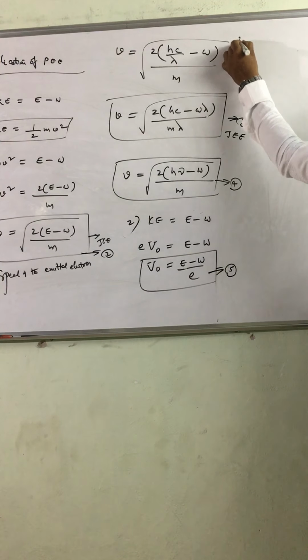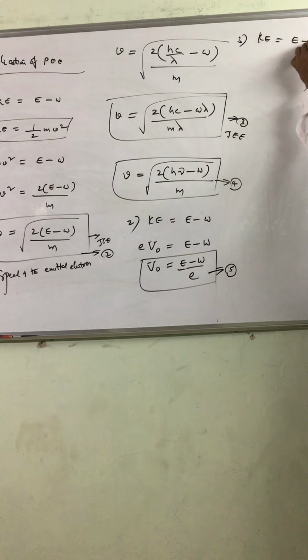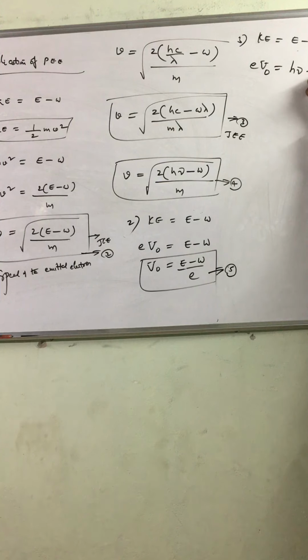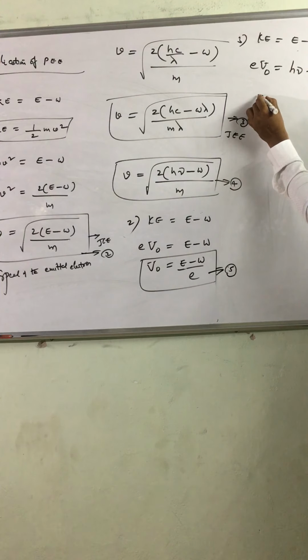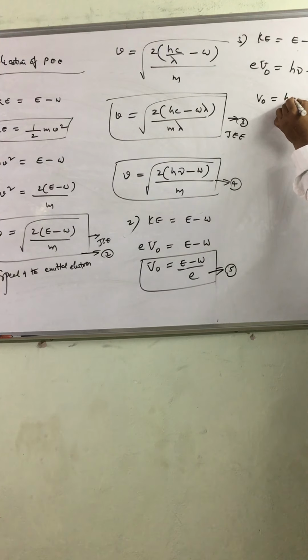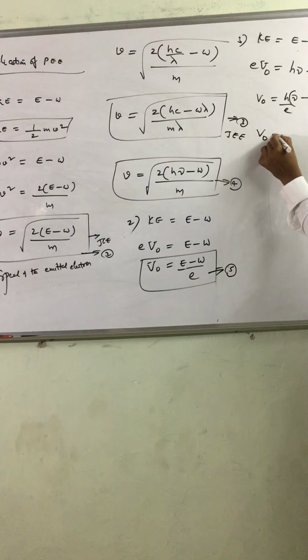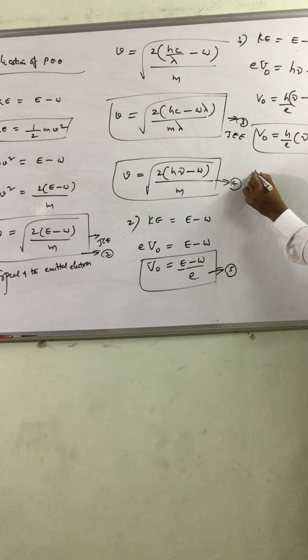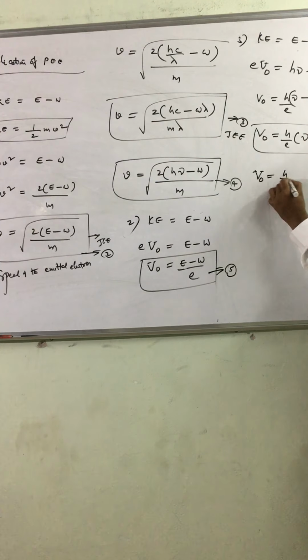Next, KE is equal to E minus W, right? eV naught is equal to h nu minus h nu naught. V naught is equal to h (nu minus nu naught) by e. So V naught is equal to h by e into (nu minus nu naught). Very, very important. So V naught is equal to h by e into nu minus h by e into nu naught.